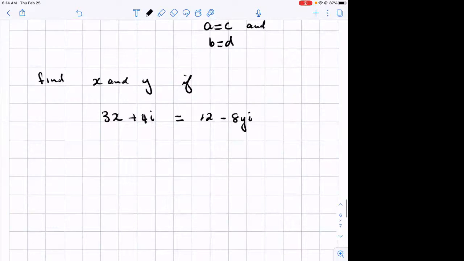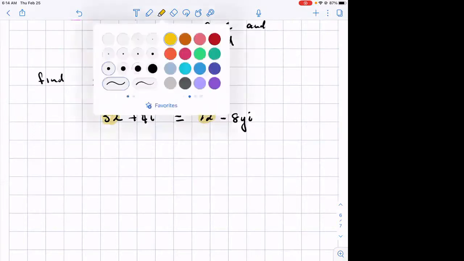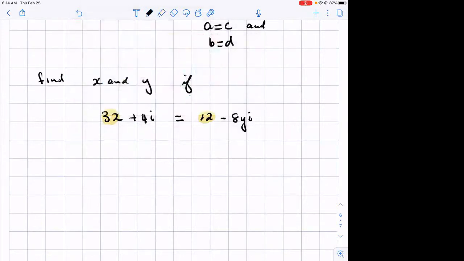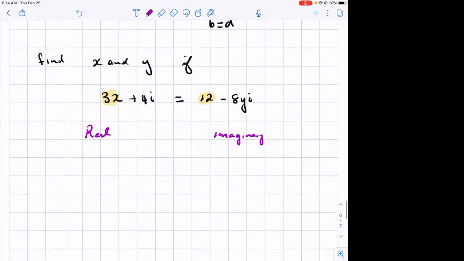The first thing we want to do is, this is the real and this is the real. Anything that involves i is imaginary. So if we break this up into the real and then the imaginary, the real part, we have 3x is equal to 12.